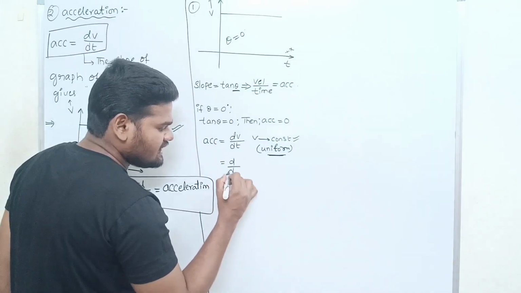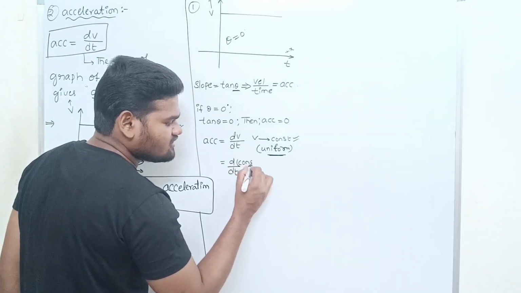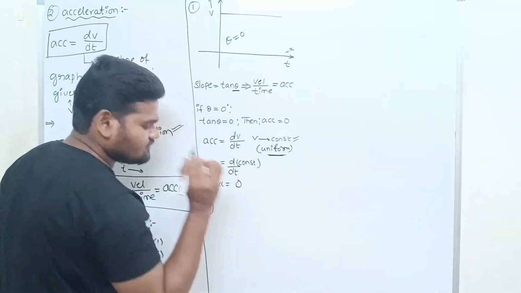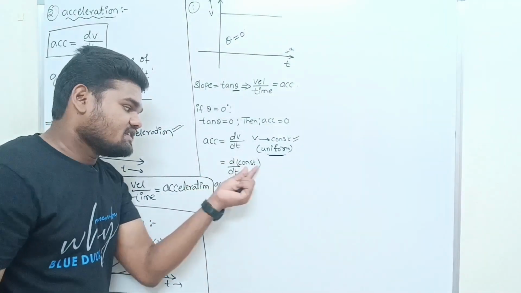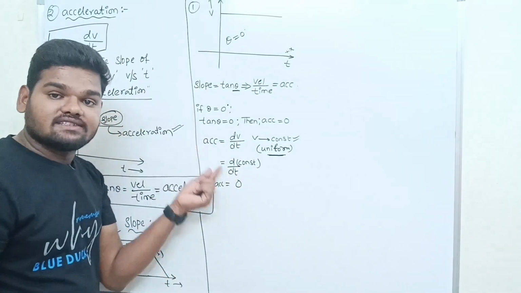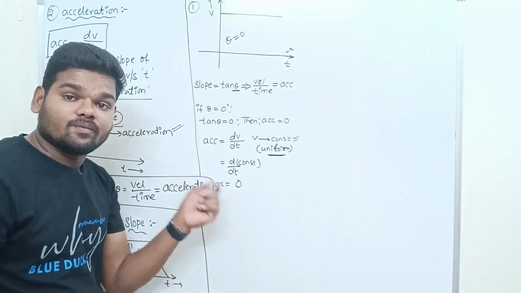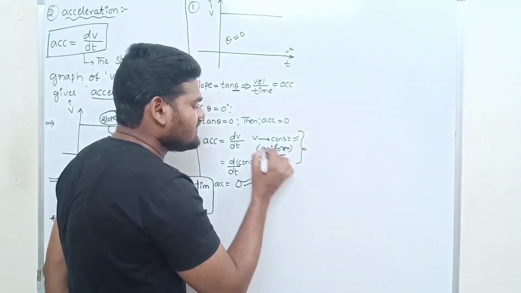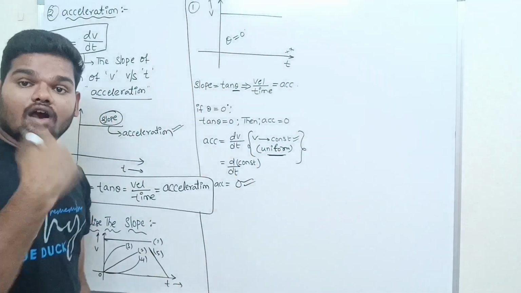So v is constant. If I write d by dt of a constant, because velocity is constant, then you will get acceleration is 0. Differentiation of a constant is equal to 0. Now we got acceleration equal to 0. Acceleration is 0 means the velocity of the object is constant or uniform.